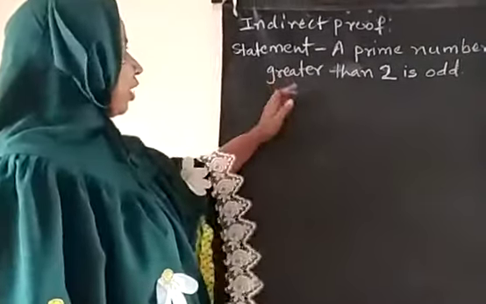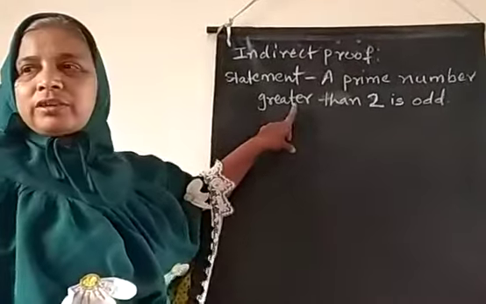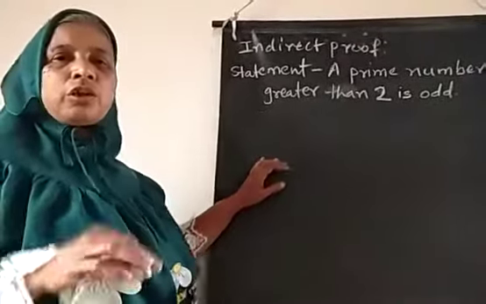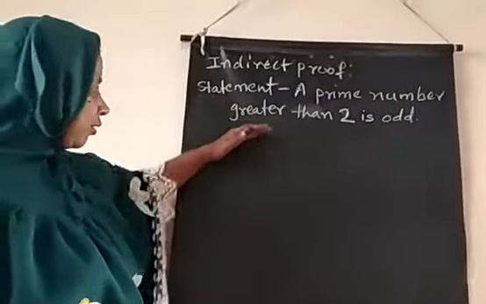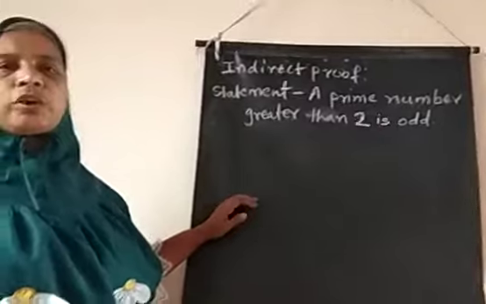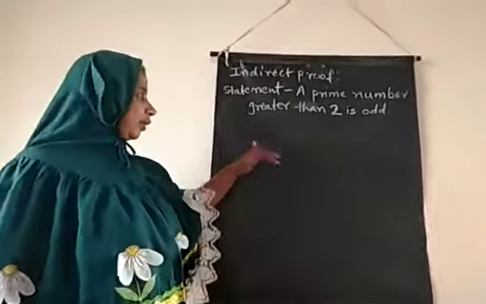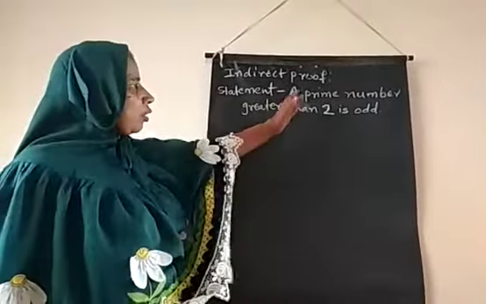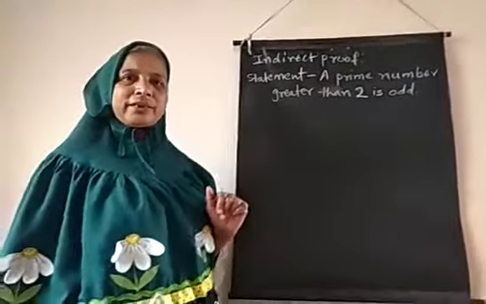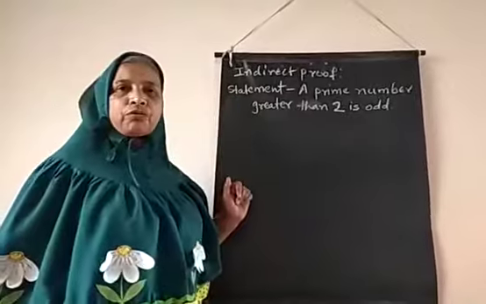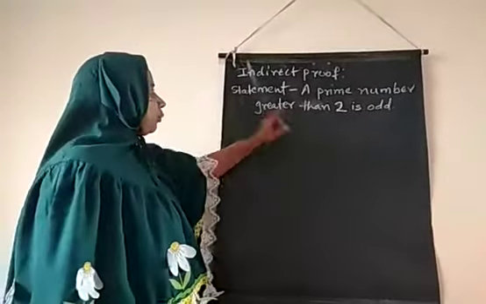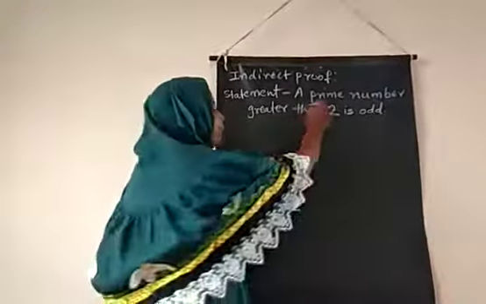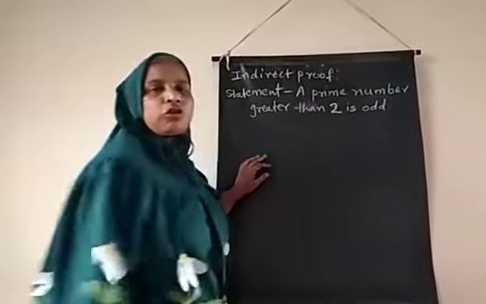So in this case, we consider a new statement and go on to prove it true, but at last that statement contradicts the original one, and whatever is our original statement, that is the one that is true. That is the meaning of indirect proof. Now one statement is given: a prime number greater than 2 is odd.